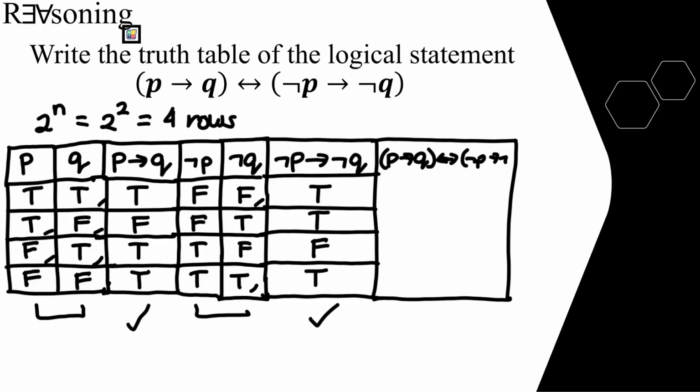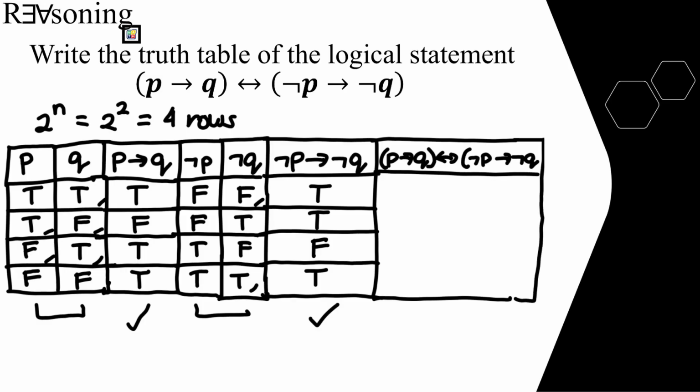Let me extend the table here because this is not readable. So we have if P, then Q, if and only if not P, then not Q. All right, so this would be the final table here.